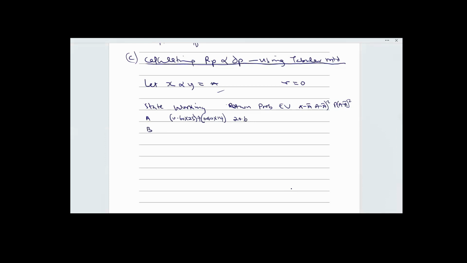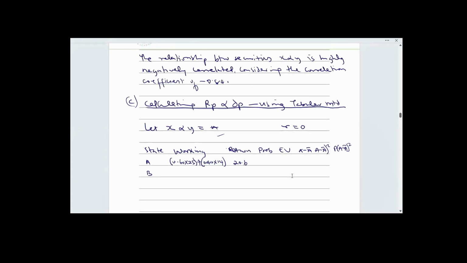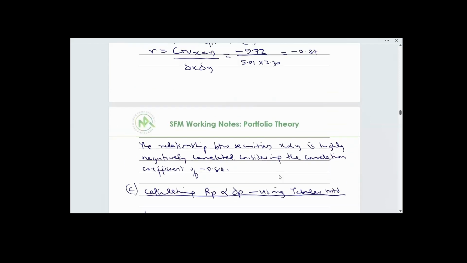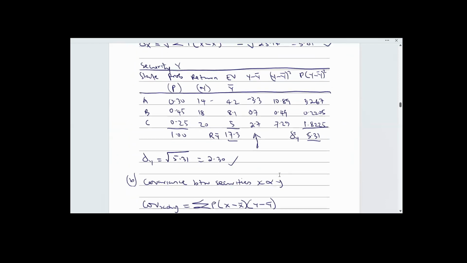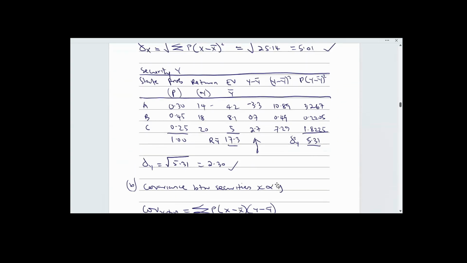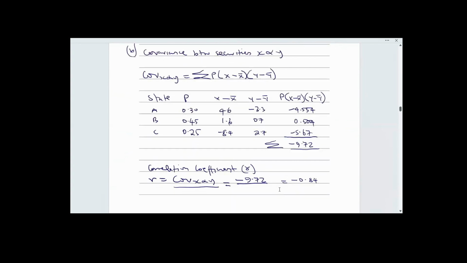I will move to state B. Under state B, we are investing 60% on security X. The return of security X is equal to 22. Then the return of security Y is equal to 18.